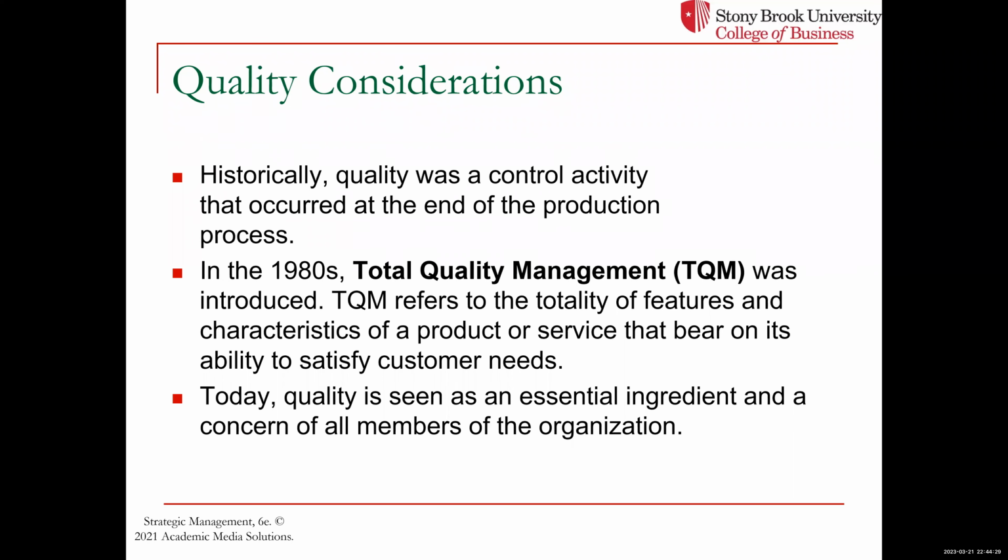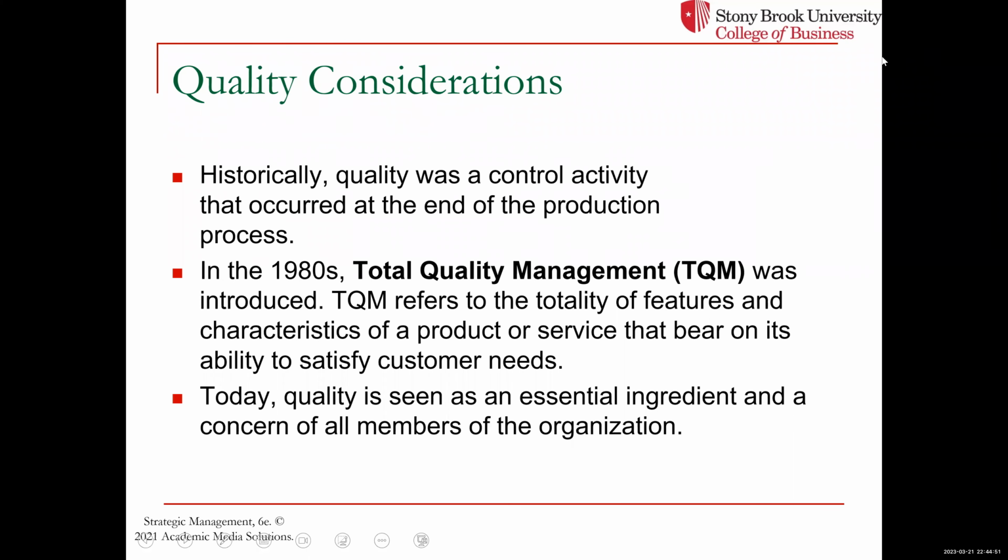Firms with a strong emphasis on differentiation often would pay close attention to ensure quality is superb. And nowadays, customers often view quality as the most essential ingredient, and it should really be the concern of all members of the organization.